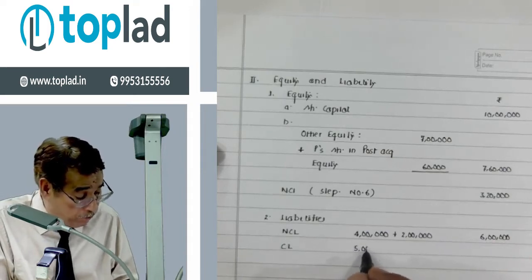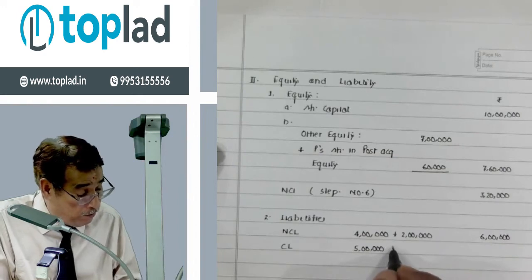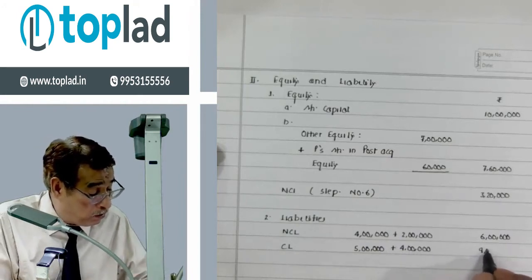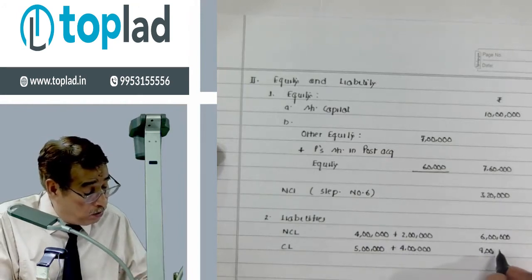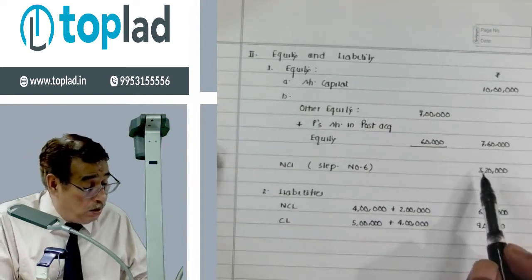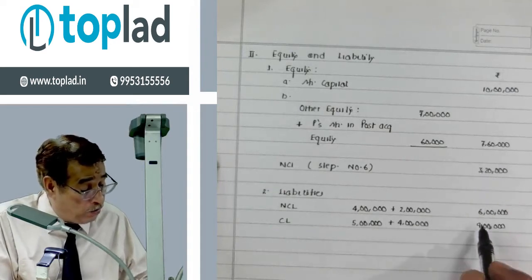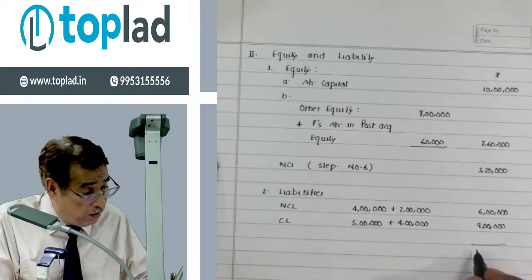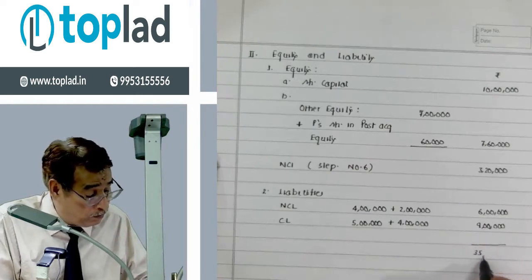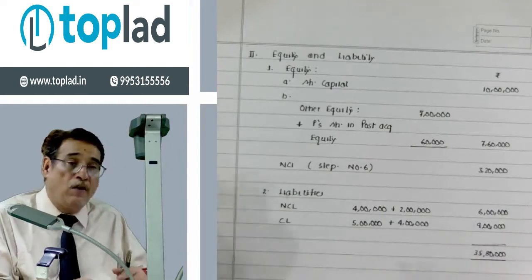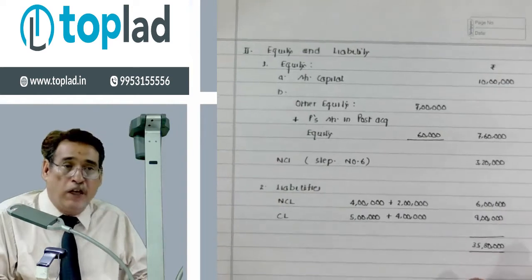Current liability is 5 lakh plus 4 lakh. Total will be equal to 9 lakh. Correct? 20 lakh, 20 plus 15, 35 lakh, plus 60 plus 20. So 35 lakh 80,000 will be your total.